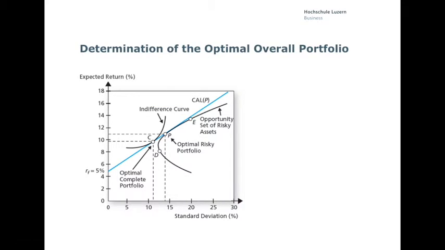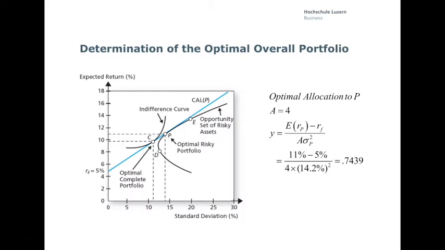Determination of the optimal overall portfolio. Now that we have constructed the optimal risky portfolio P, we can use its expected return and volatility along with the individual investor's degree of risk aversion A to calculate the optimal proportion of the complete portfolio to invest in the risky components.